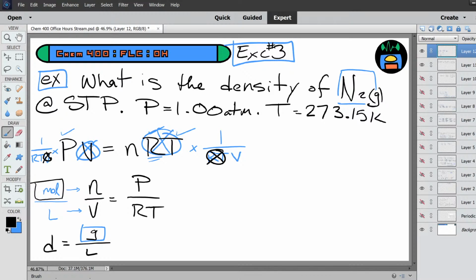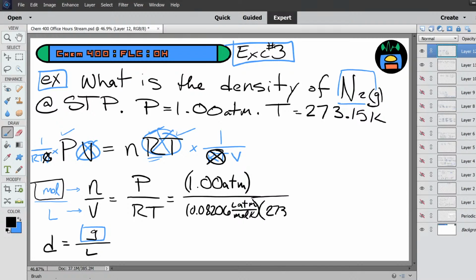So check this out. If you punch in P, R, and T: pressure is 1.00 atmospheres, R is 0.08206 liter atmospheres per mole Kelvin, and temperature is 273.15 K. When you look at how these things cancel, atmospheres takes care of atmospheres, Kelvin takes care of Kelvin.